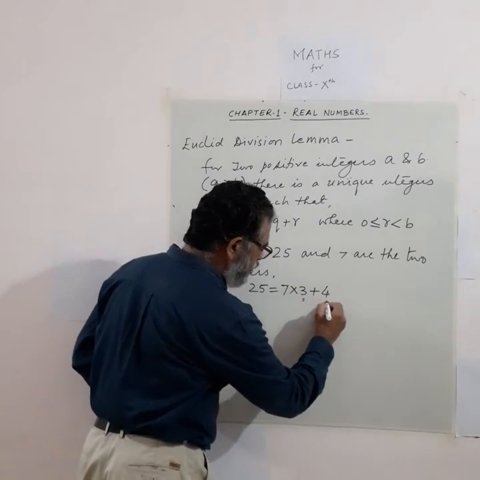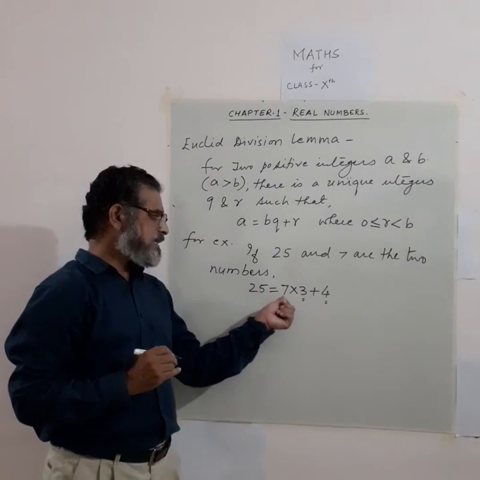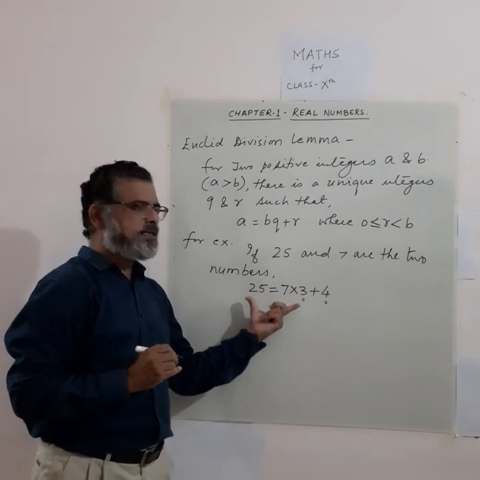So 3 and 4 are the unique numbers, meaning 25 and 7 can be written in this form.